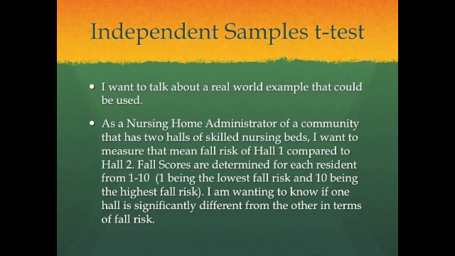So fall scores are determined for each resident from 1 to 10, 1 being a very low fall risk to 10 being a very high fall risk. And I'm wanting to know if one hall has any significant difference between the two in terms of the fall risk of residents.